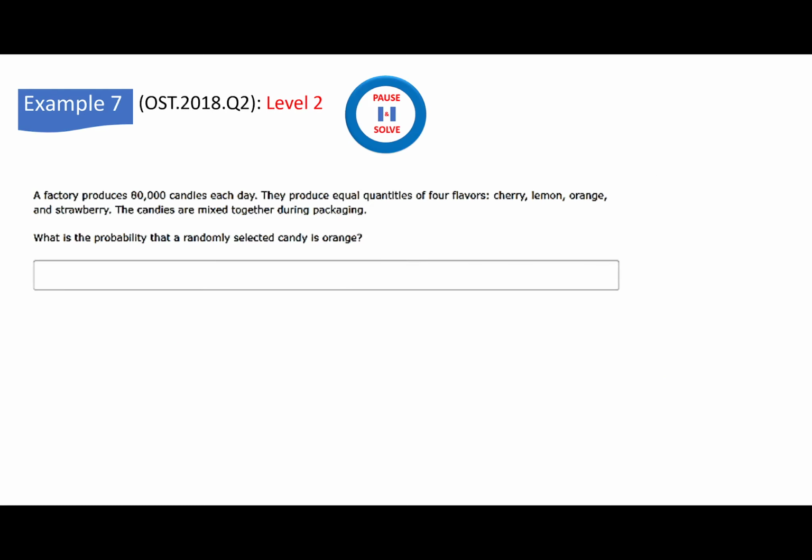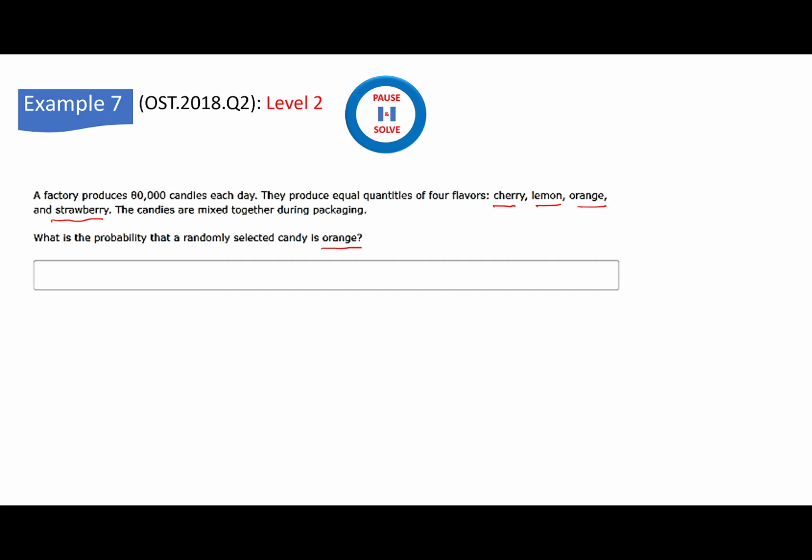Example 7. A factory produces 80,000 candies each day. They produce equal quantities of 4 flavors: cherry, lemon, orange, strawberry. The candies are mixed together during packaging. What is the probability that a randomly selected candy is orange?